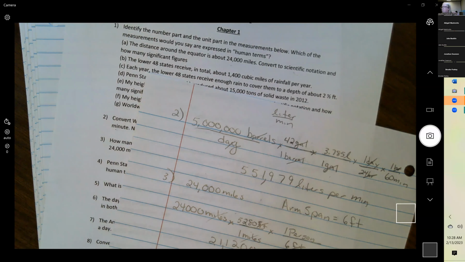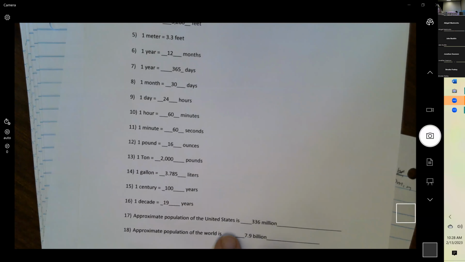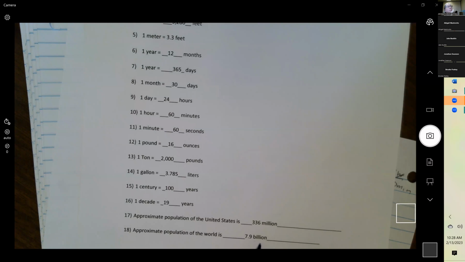Oh, here it is. Somewhere around 336 million. Now, if you go 300 million, 330 million, 340 million, somewhere in there. And then 7.9 billion, 8 billion. I think I looked it up. It was 7.899 billion right now, something like that.